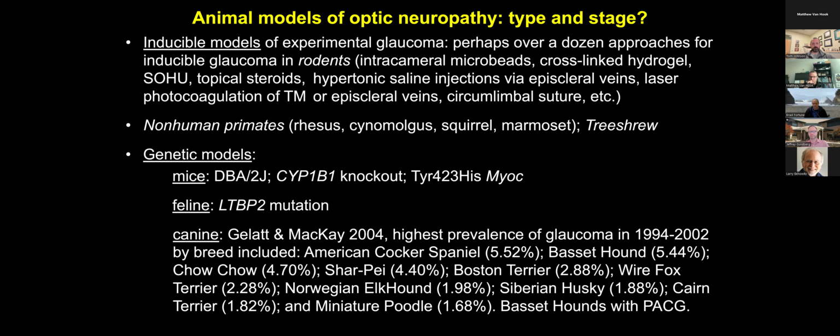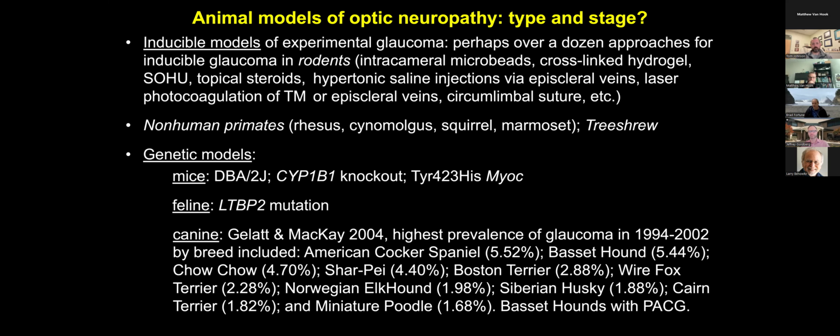So, for example, microbeads, steroids, topical steroids, and that's whether it's paramagnetic or latex microbeads. The silicone oil model has been used in non-human primates as well. So almost all of the things that can be done in mice or rats can be done in a non-human primate. Similarly, the tree shrew model offers some advantages.